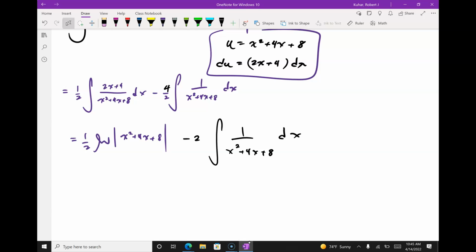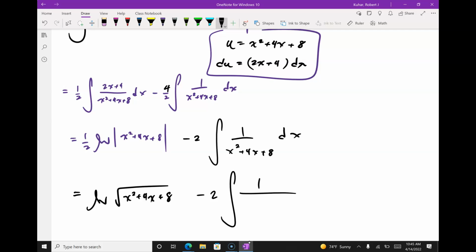So I see I don't need this absolute value. I want to complete the square here, right? And turn this into a 1 plus u squared somehow. That's what I'm going for.